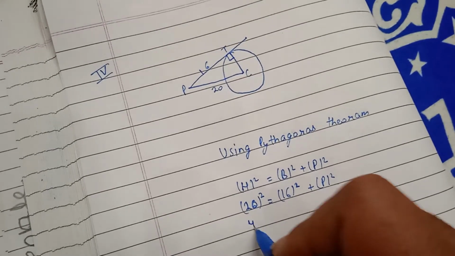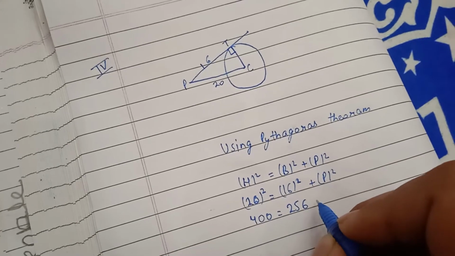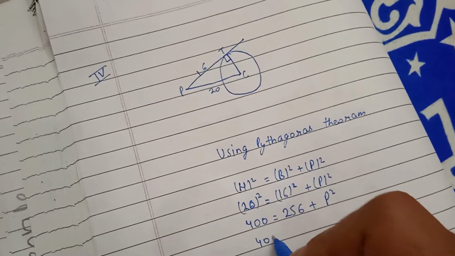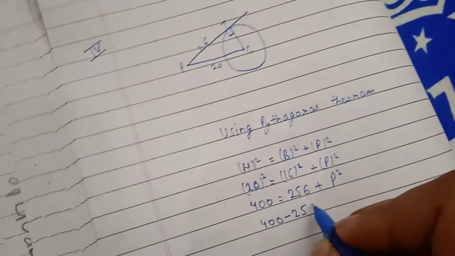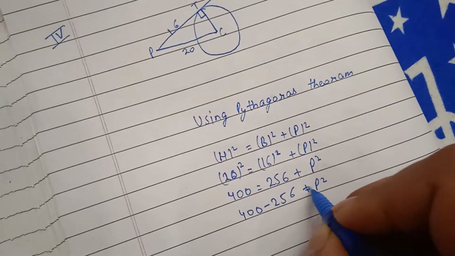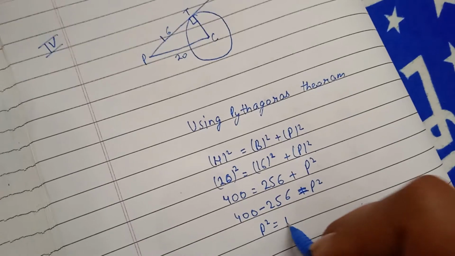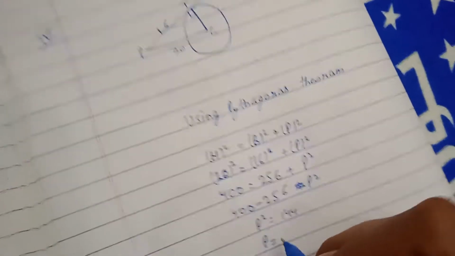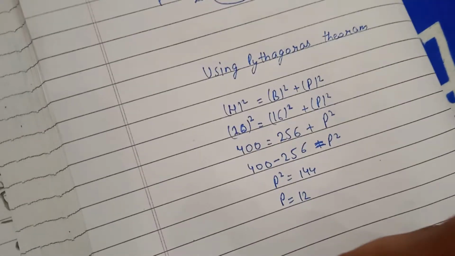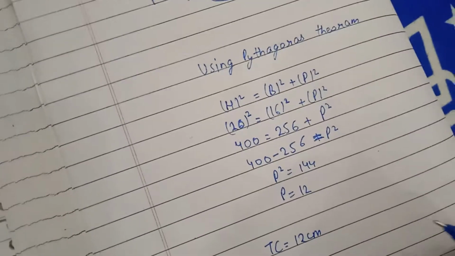So the square of 20 is 400 and the square of 16 is 256 plus p square, means 400 minus 256 equals p square. p square is equal to 144, means p is equal to 12, means TC is equal to 12 centimeter.